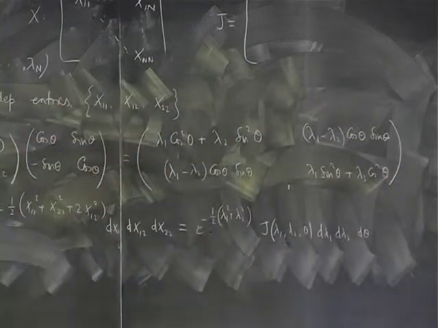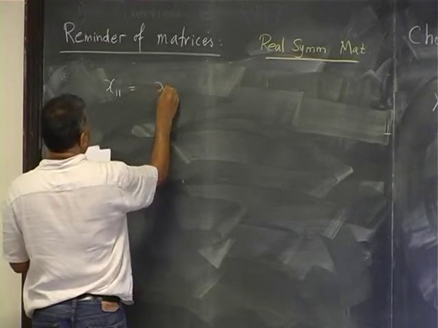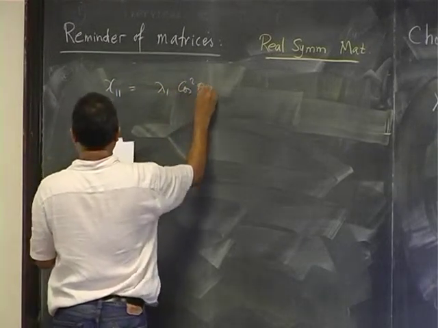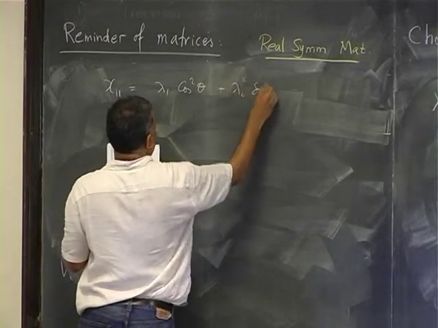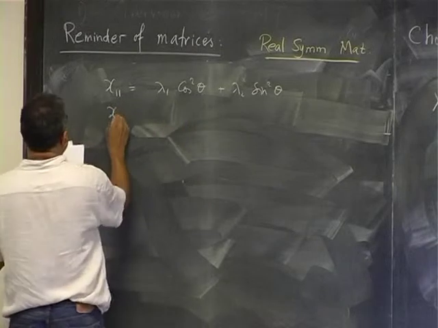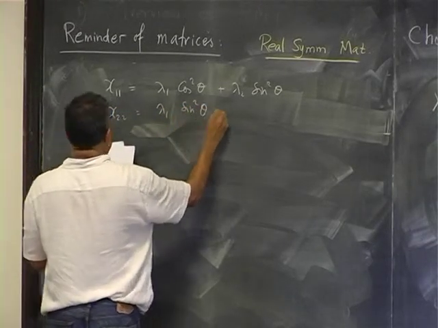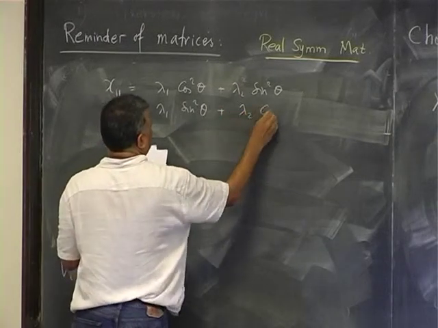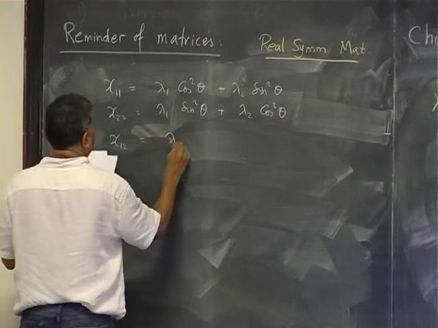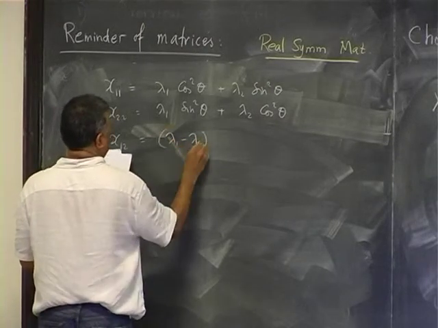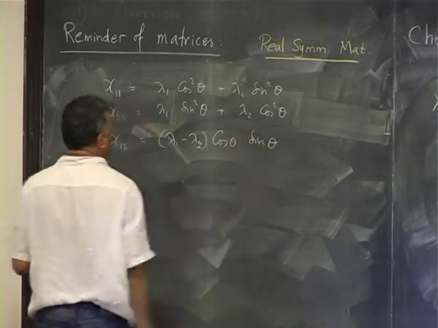So x11 is lambda 1 cosine square theta plus lambda 2 sine square theta, then x22, x12. Okay.